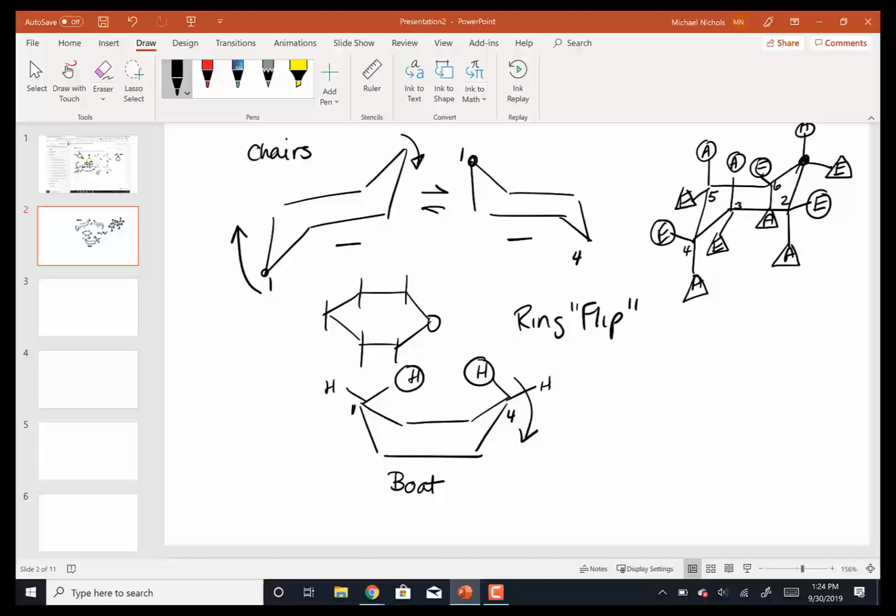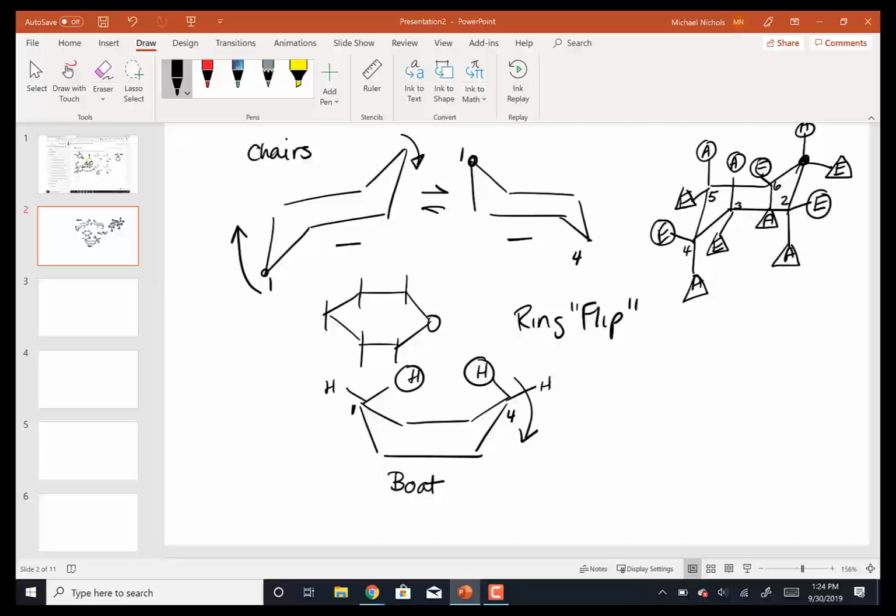But it's easier to program that movement into the computer so you can show an animation. That much I know, because our computer science students have done that for us. Okay, so that's a ring flip.